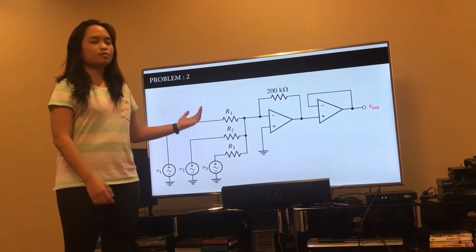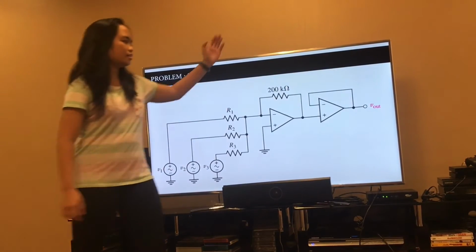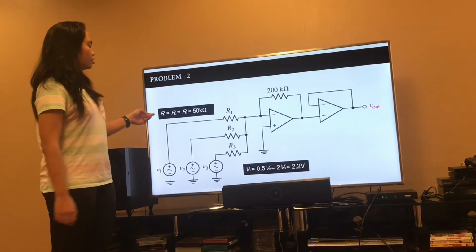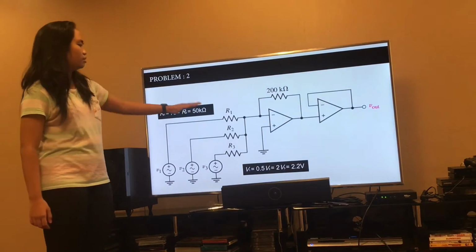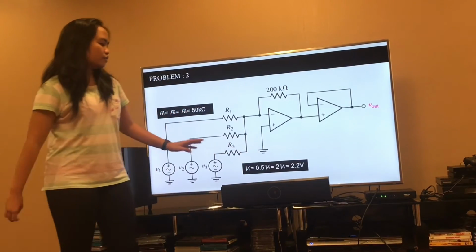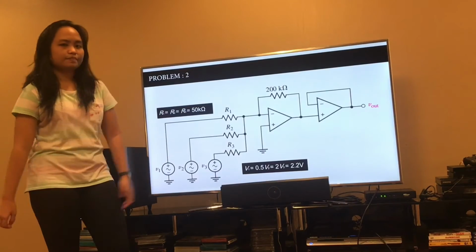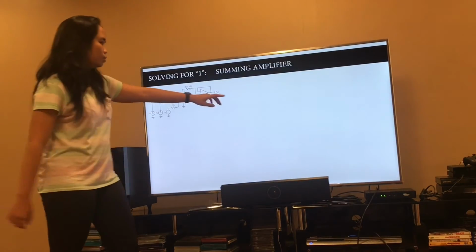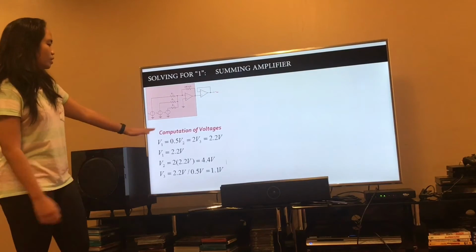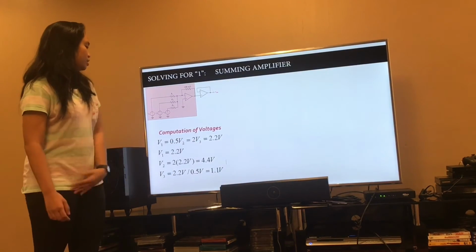Here we have the combination of a summing amplifier and then a voltage follower. The values are given: R1, R2, R3 are equal to 50 kilo ohms, and the equation of the voltage is given. Next, we will solve for the first stage. We compute the voltages.